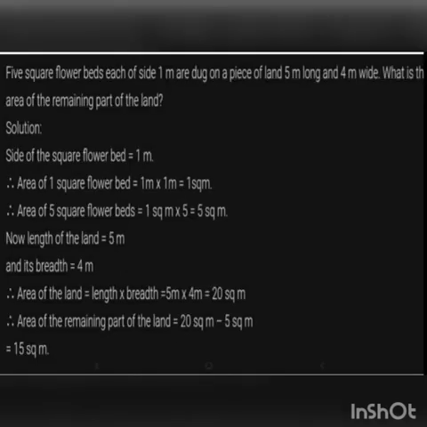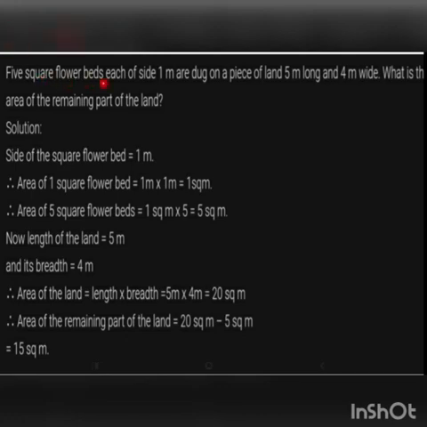One more question. 5 square flower beds, each of side 1 meter, are dug on a piece of land 5 meter long and 4 meter wide. What is the area of the remaining part of the land? So on a piece of land, that land's length and breadth is given as 5 meter and 4 meter wide, isn't it? So that land is a rectangular shaped land. On that land, what are we keeping?